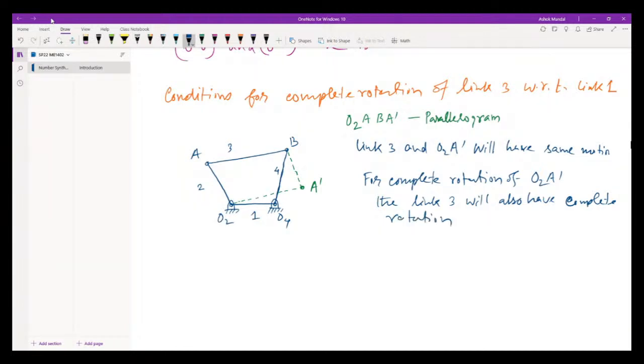Do you agree with this? So if you agree with this, now for complete rotatability of link 3, we need to just find out what is the condition of complete rotatability of O2A dash.